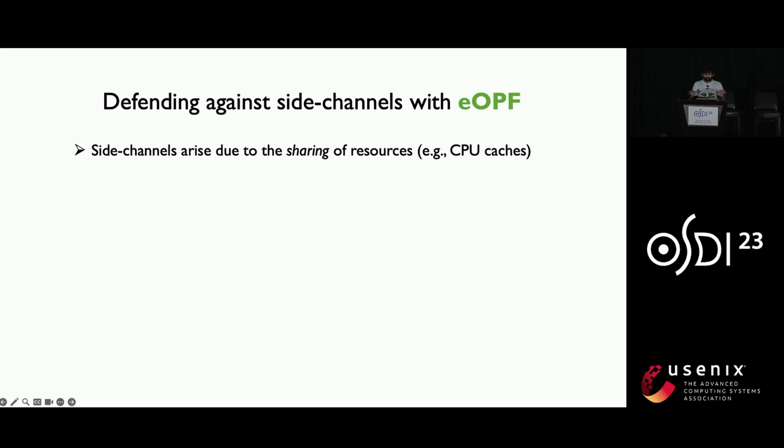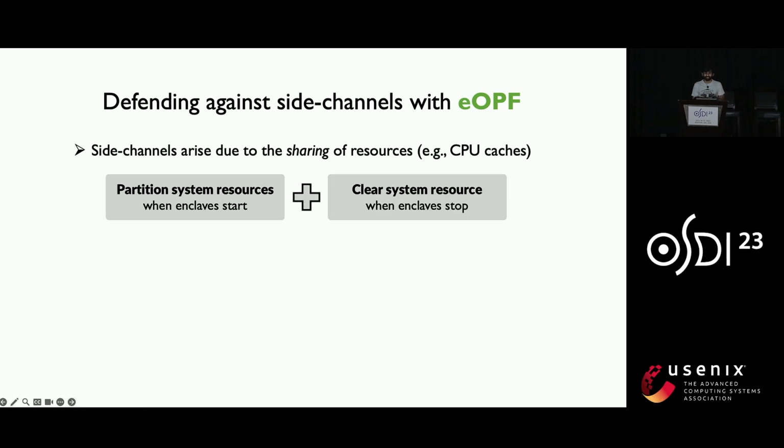Just as a recap, the reason why side channels are a problem is that system resources are shared significantly during execution between the operating system and the enclave. The tried and tested method of preventing these side channels is to partition the system resources when an enclave starts and to clear the system resources when the enclave stops executing.